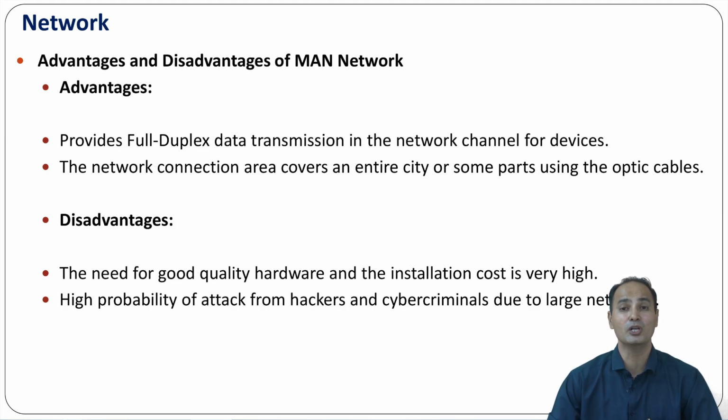The need for good quality hardware and the installation cost is very high. There is a high probability of attack from hackers and cyber criminals, as the large network is scattered across the city. So it is also sensitive from the hacking point of view. MAN suffers from such limitations.